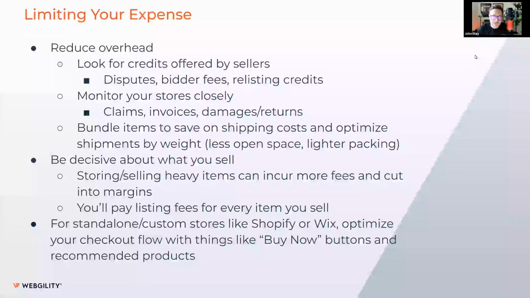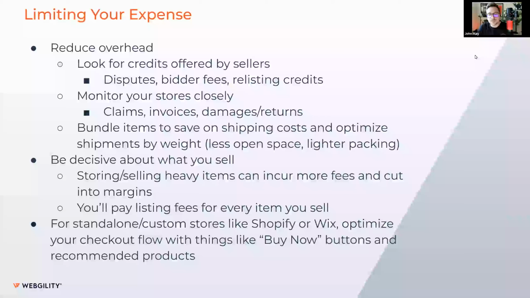And this is pretty related to just monitoring your stores closely on a daily basis, keeping track of claims, invoices, damages, and returns, and getting them done as soon as possible. One, it ensures that you're in tune with how your business is performing. You're not taking hits on your reputation because things aren't done in a timely manner.